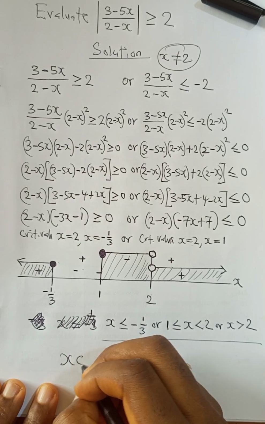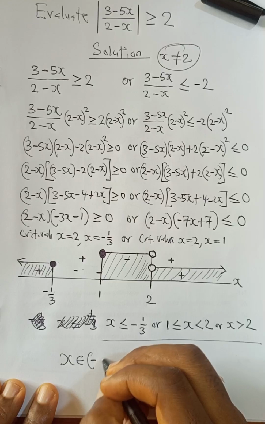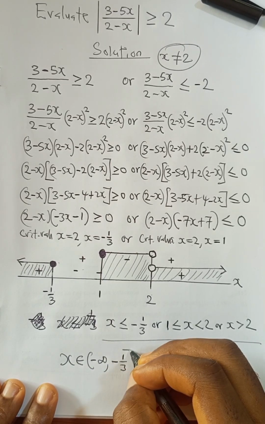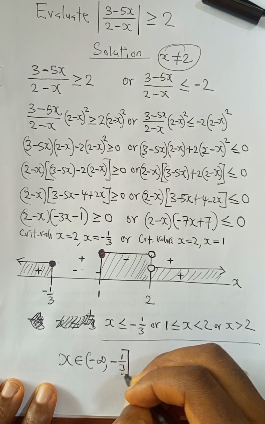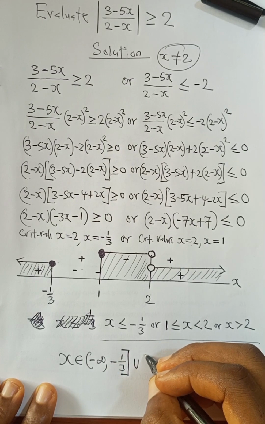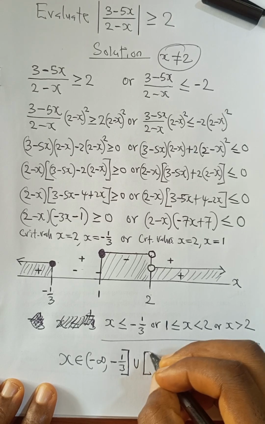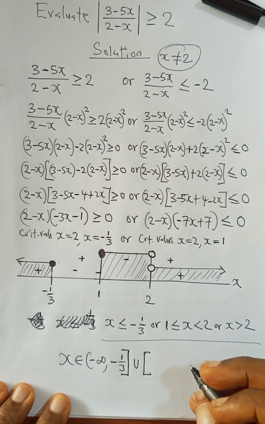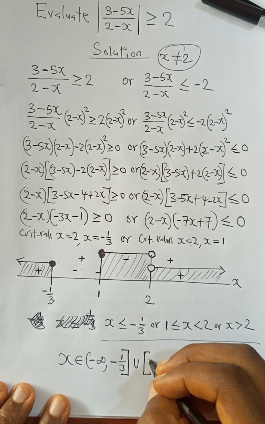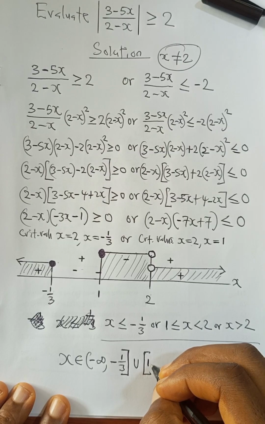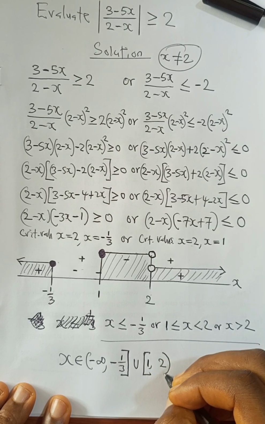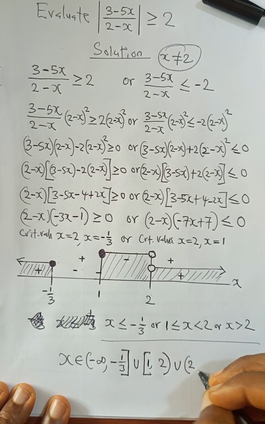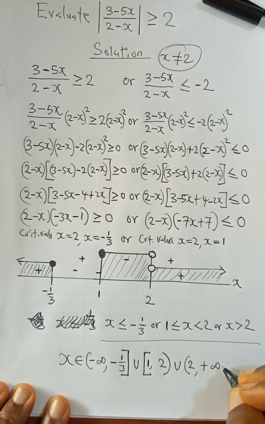You say that S is a member of from negative infinity to minus 1 over 3 inclusive, union from 1 inclusive to 2 not inclusive, then union from 2 not inclusive to positive infinity.